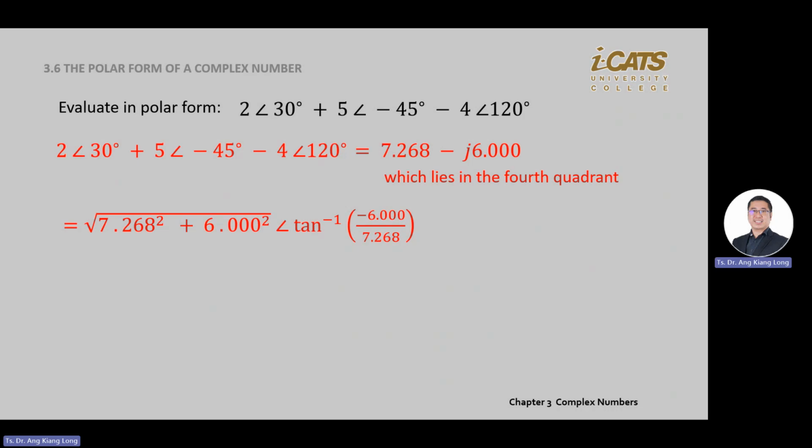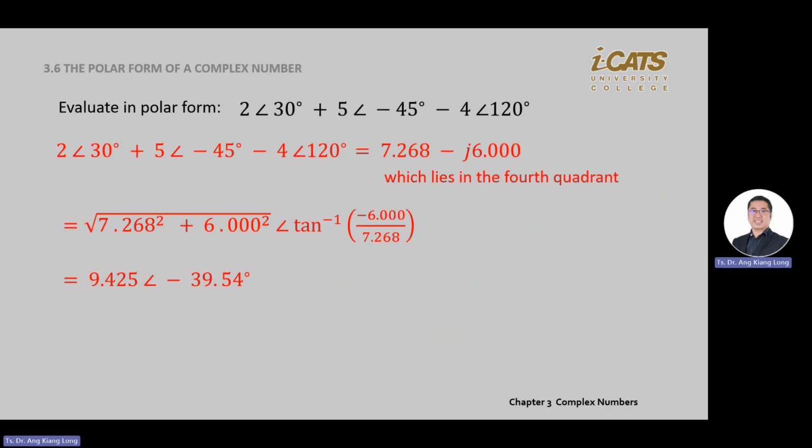Sometimes when you add this one, the question will ask you to evaluate. Of course, this kind of question is not complete. In the test, we will be very specific about what you need to do. Sometimes the question asks you to identify which quadrant, and then asks you to find the modulus and also the argument. So if it asks you to evaluate in polar form, the final answer should be in polar form.